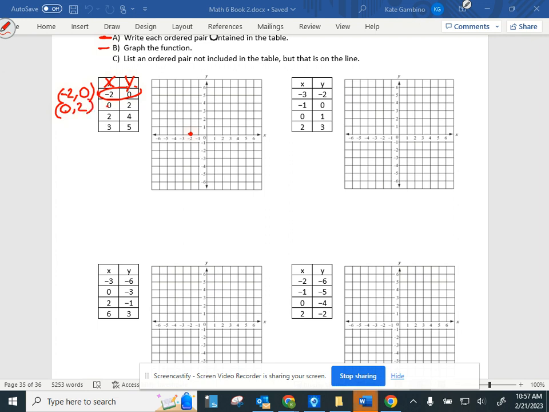X is 0, y is 2. Then you go over and you graph it. X is 0, y is 2 would be right here. I'm going to graph my next ordered pair, 2, 4. So I'm going to go to 2, go up 4, and then I have 3, 5. So I'm going to go to 3 and go up 5.